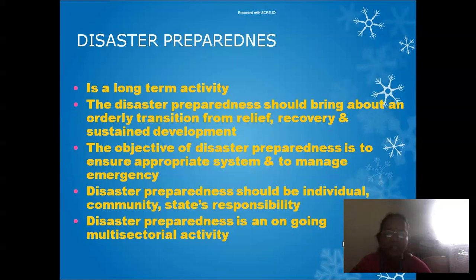The objective of disaster preparedness is to ensure appropriate systems to manage emergencies. Disaster preparedness may be an individual, community or state's responsibility. It is an ongoing multisectoral activity.